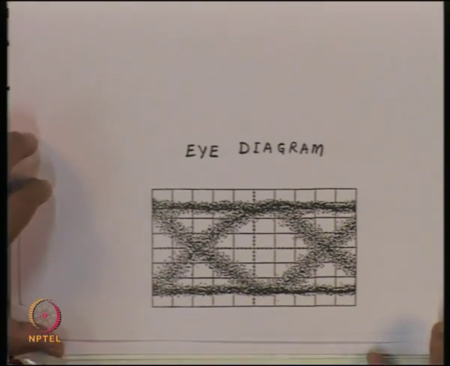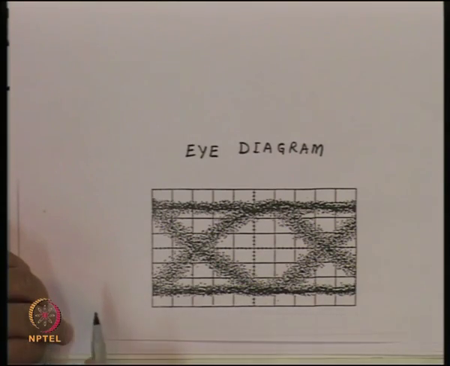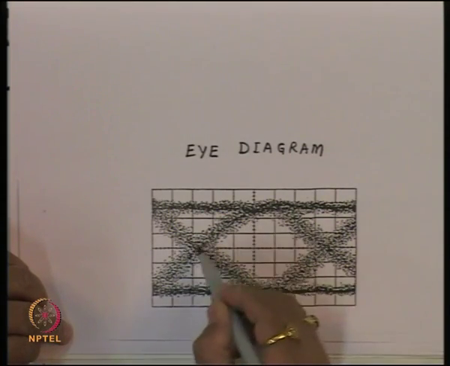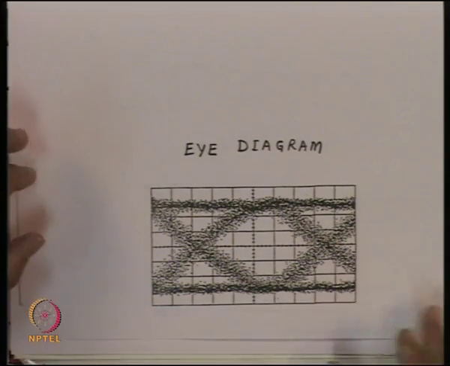And why is it called an eye diagram? If you look at this pattern, it looks similar to an eye, and that's the reason this pattern is called the eye pattern of the data.